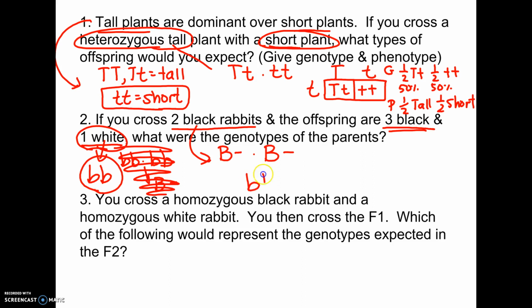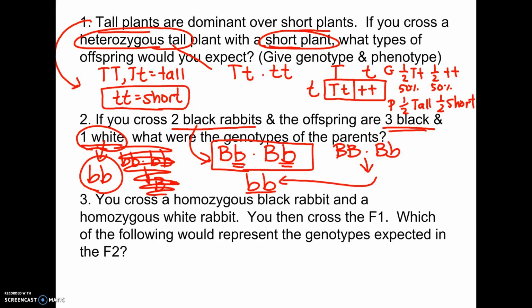And the only way that these 2 parents can make little b is that both of them have to be carrying a copy of little b. So our 2 parents have to be heterozygous. If either of our 2 parents was homozygous, like this, it would be impossible to get a little b offspring, because this parent would always give a big B.